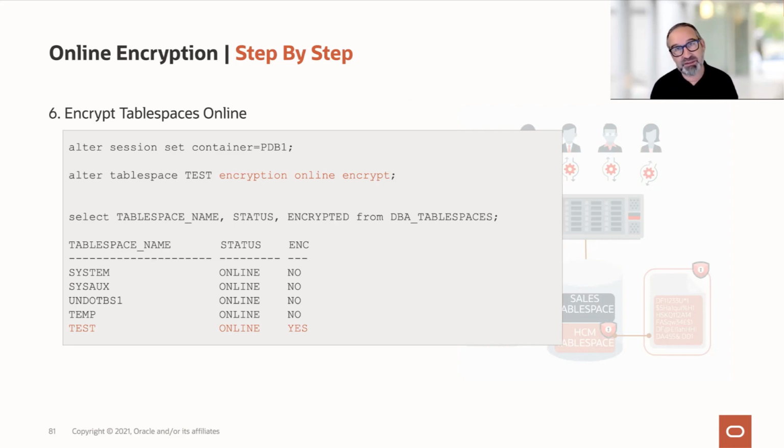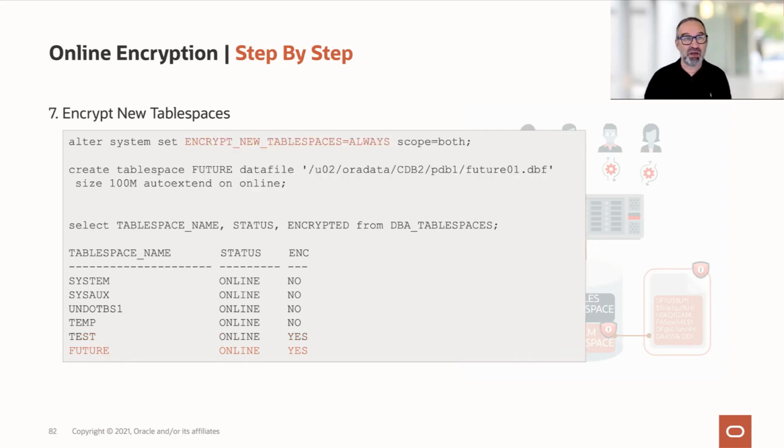But what happens to future tablespaces? If I create a fresh tablespace now, at this point, it will be unencrypted. So what I need to do here is alter system set encrypt_new_tablespaces to always. That means all the future tablespaces in this database will be encrypted by default.